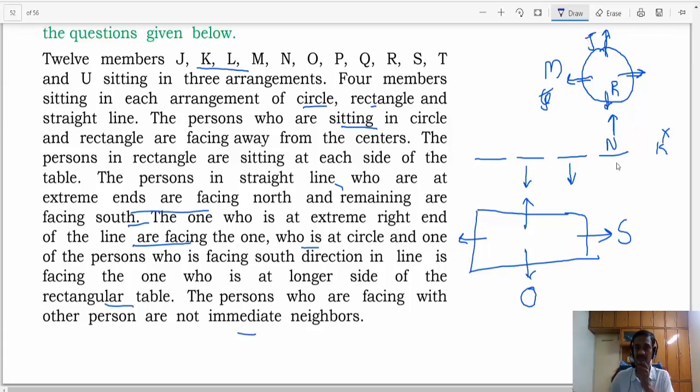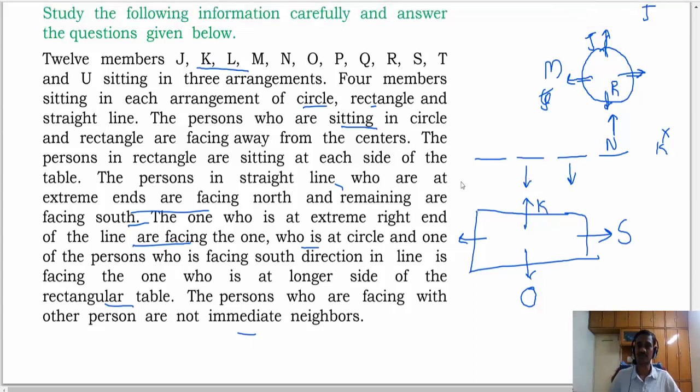Now 3 persons. Now K is not here and is facing one of the persons అన్న. కనుక K ఎక్కడ ఉన్నాడో చెప్పండి, K must be at this place and is facing one of the persons. And Q is at one of the extreme ends of the line. One person between Q and L ఎక్కడ ఉంది. కనుక Q blank blank L N. Then tell me who are the persons left. ఇంకా మిగిలిపోయింది ఎవరు చెప్పండి, U ఒకడు, T ఒకడు, P ఒకడు మిగిలిపోయాడు.